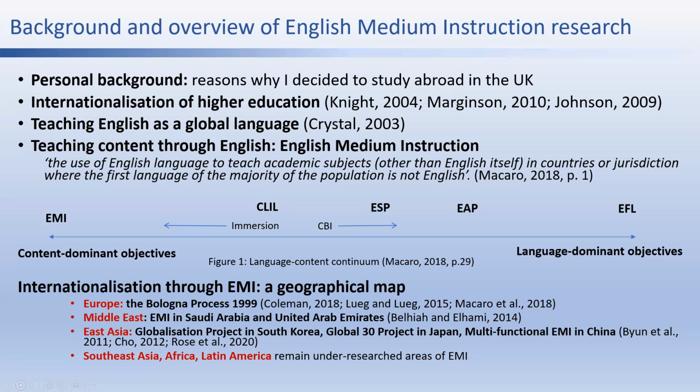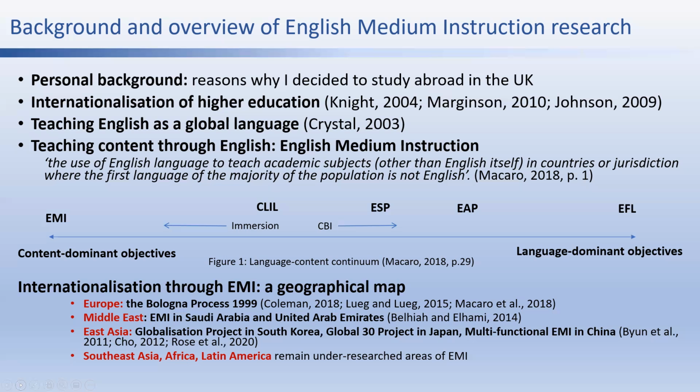But when I actually looked into the scholarship in terms of language learning and also English medium instruction research, this trend of development coincides with the internationalization of higher education, in which universities worldwide are looking for ways to internationalize their curriculum.